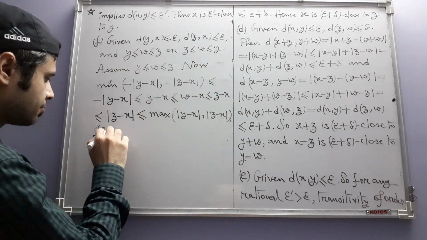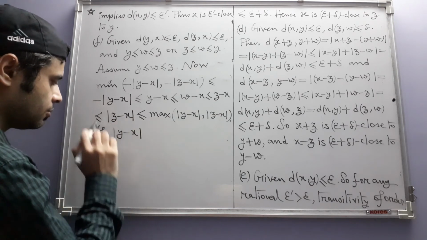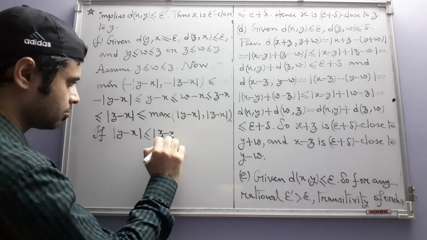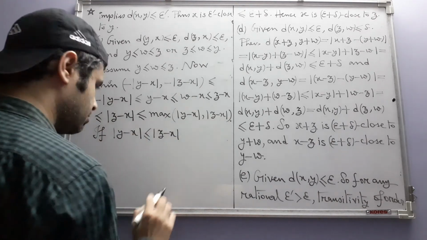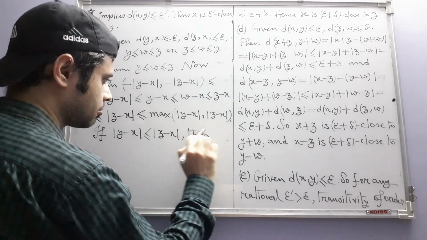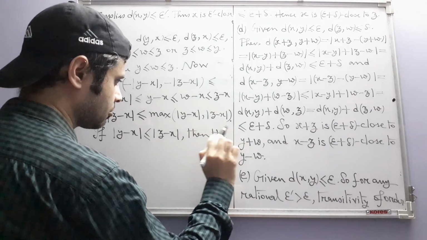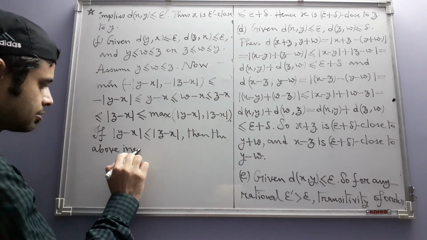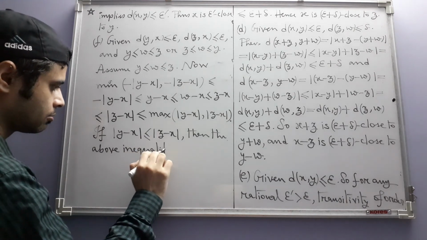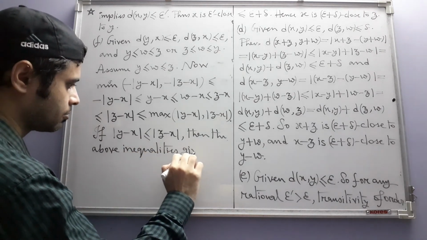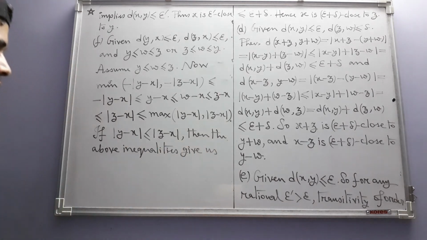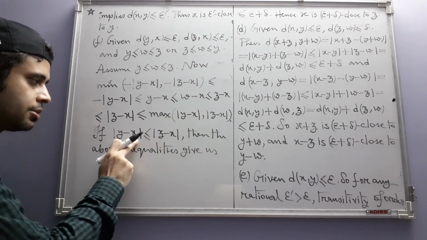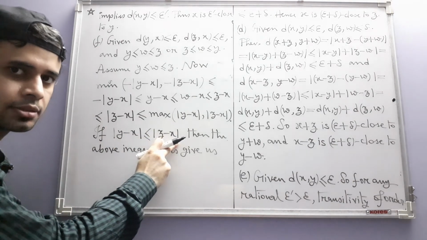If this is less than or equal to z minus x, then the above inequalities give us, okay, if this is less than or equal to this, then minus of this will be greater than or equal to minus of this.